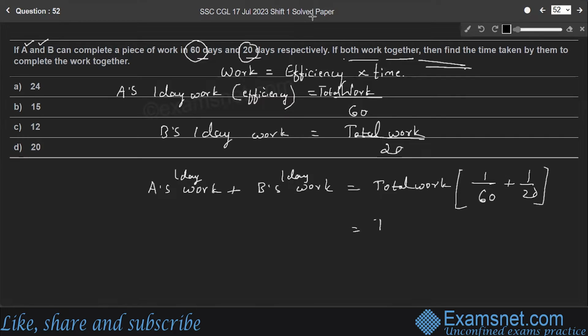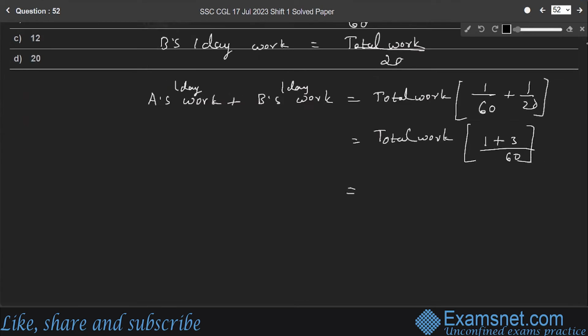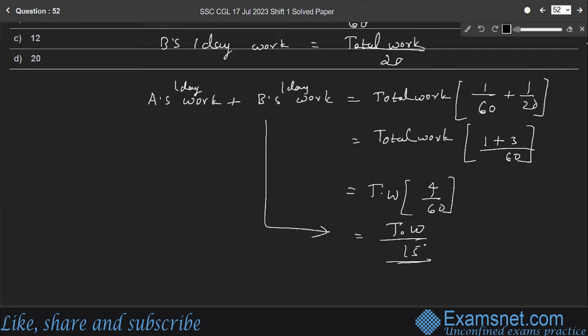Since 60 is the LCM, 1 plus 3, which is total work into 4 by 60, which is total work divided by 15. So if both of them work together, they'll take 15 days to complete the total work.